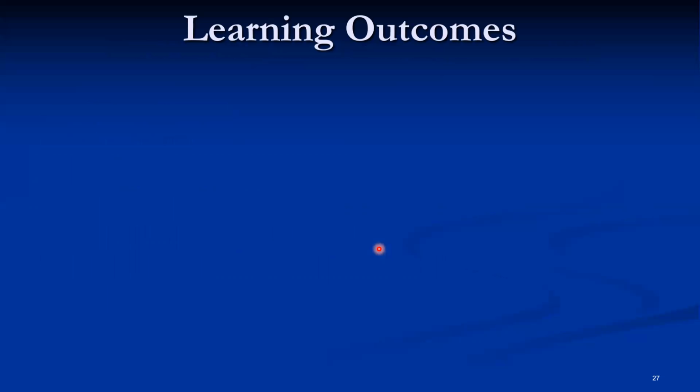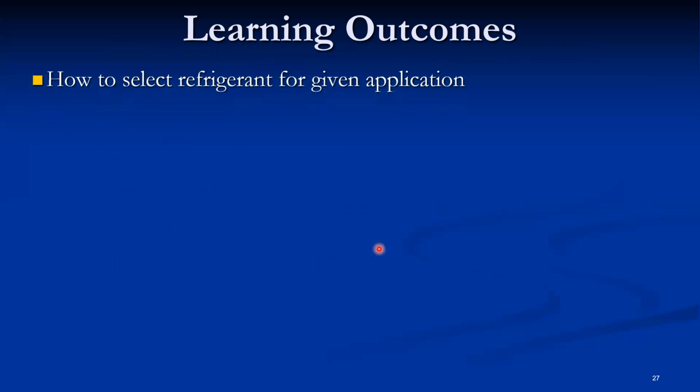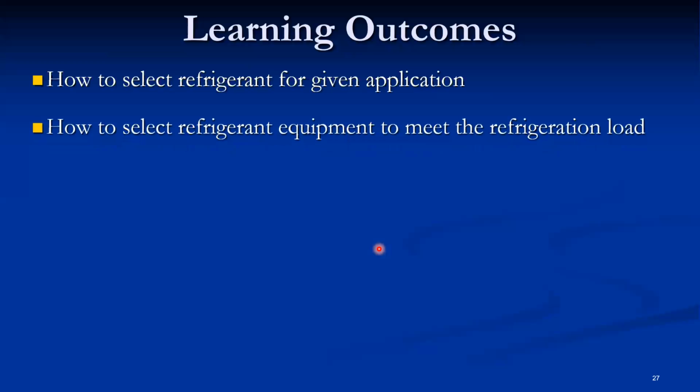So at the end of this particular experiment, you will definitely learn how to select the refrigerant for any given application. Now, in this case, we have discussed cold storage. Then how to select refrigeration equipment to meet the refrigeration load. That selection of equipment also plays an important role, because in the previous part we estimated the refrigeration load.